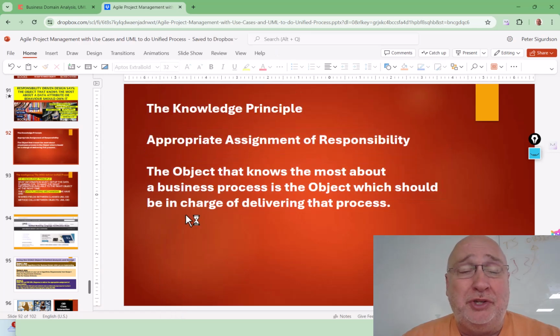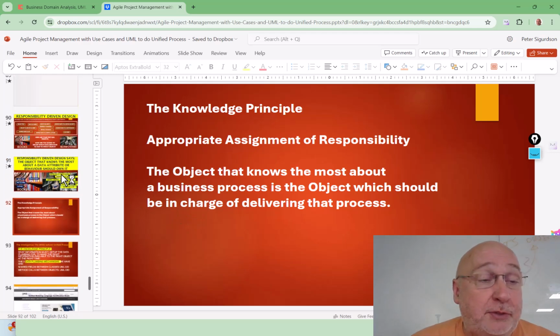Because when you use the computer, you spend too much time playing with the computer and not enough time thinking about what it is you should be doing. So you write down all of the business processes in your business domain, and then you write down the data that they have and the actions that they have to do, and then you figure out which data and which methods to assign to which objects.